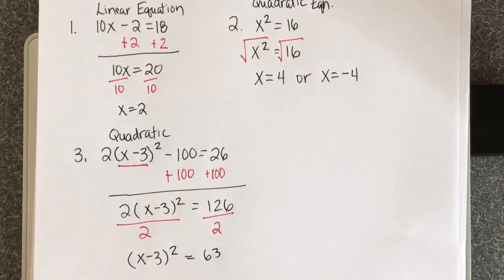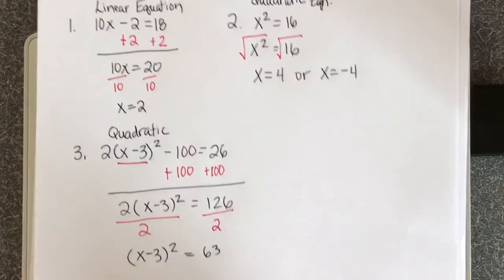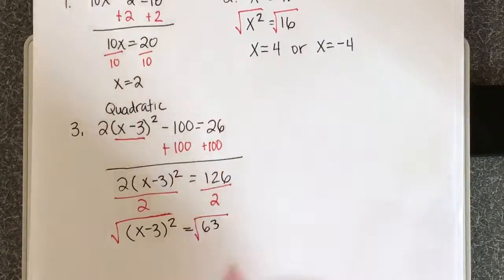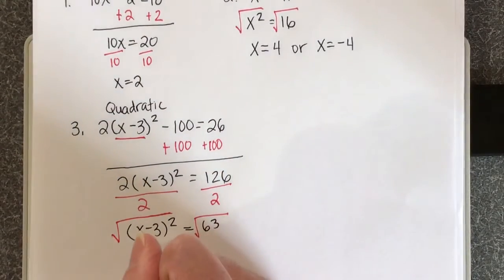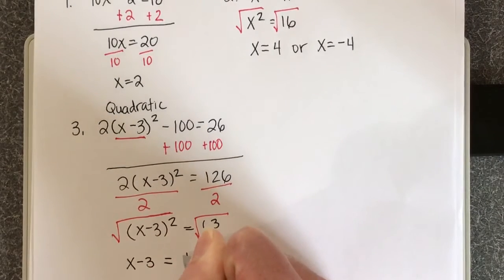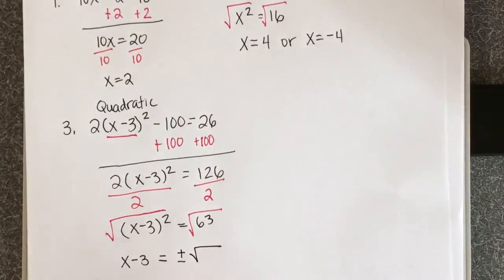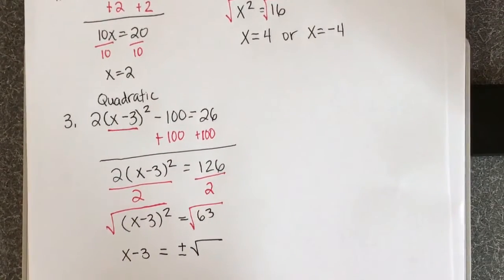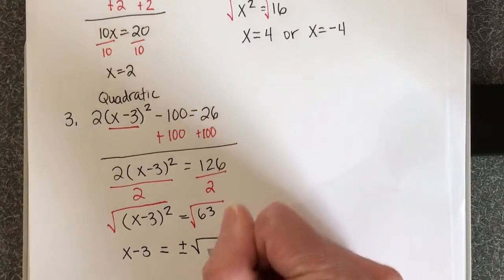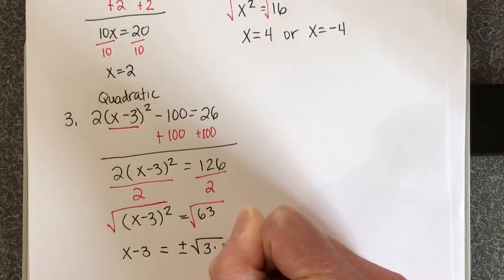And then, last step, to undo a square, we square root both sides. Now again, when we square root both sides, there's always going to be two possible solutions. So you want to make sure you put that plus and minus in front. Now 63, we want to break it down because that can simplify. So 63 breaks down to 3 and 21, and 21 breaks down to 3 and 7.